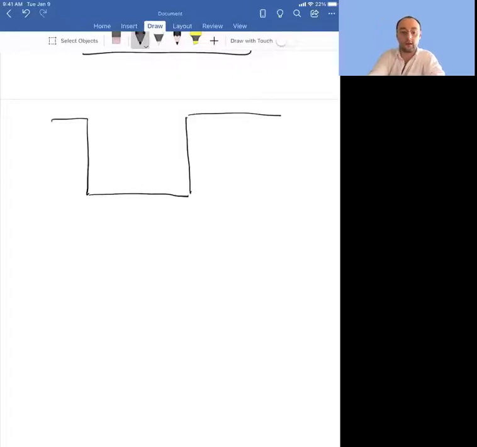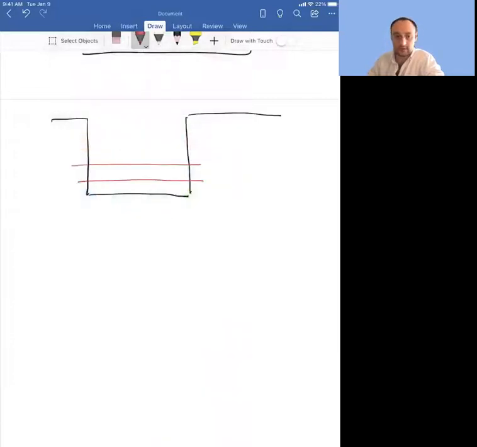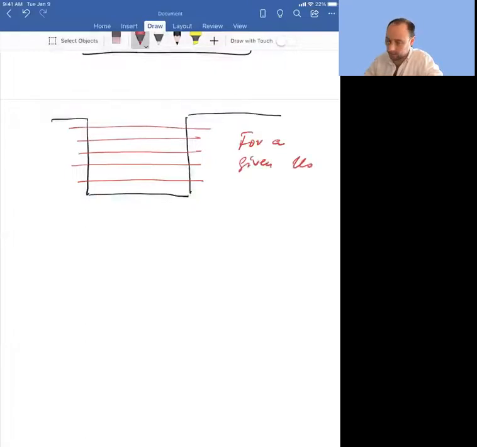For a finite well, for a given value of U naught, m, and so on, you have a finite number of energy levels that fit inside. So for a given U naught, there is a finite set of E inside the well. So here's U naught.